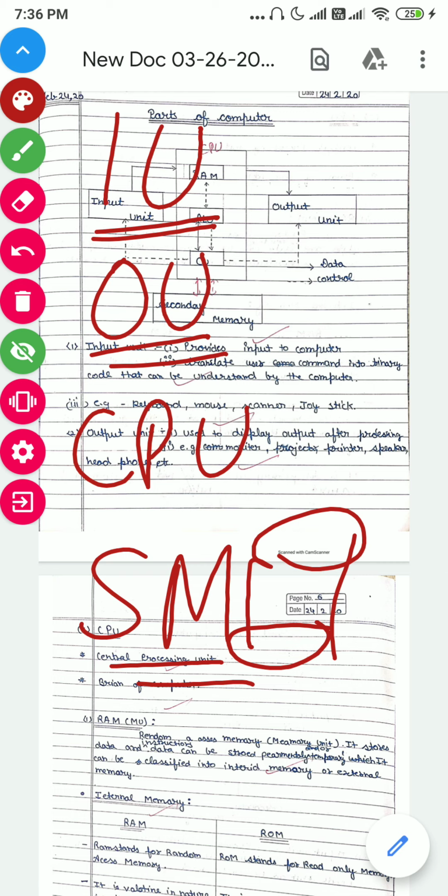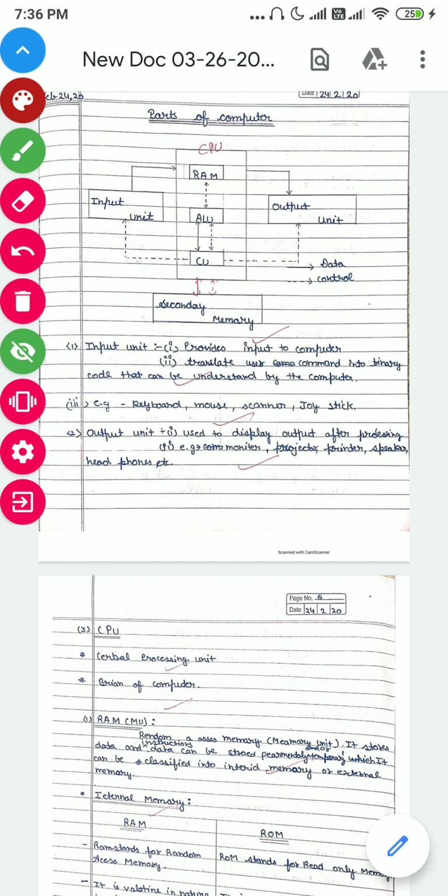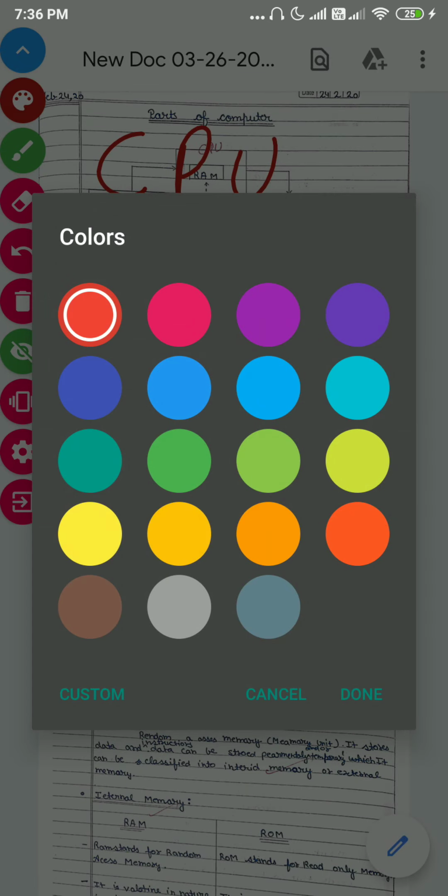Now we will see the CPU, class. What is the CPU? CPU stands for Central Processing Unit, and it is also known as the brain of the computer. Now the CPU consists of three things.